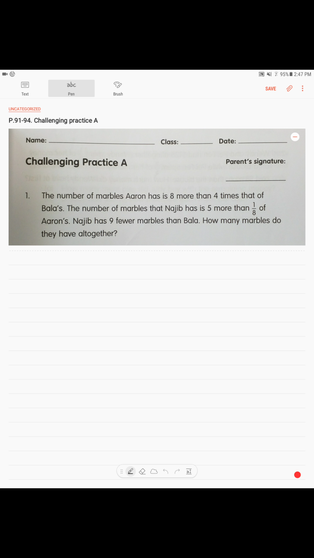Let's think of these 3 kids, Aaron, Najib, and Bala. They tell us that Aaron has 8 more than 4 times that of Bala.